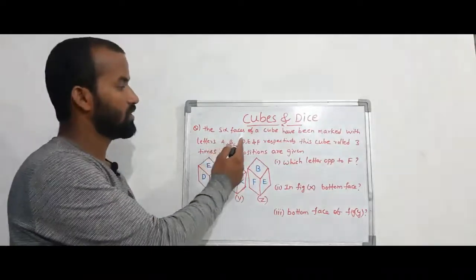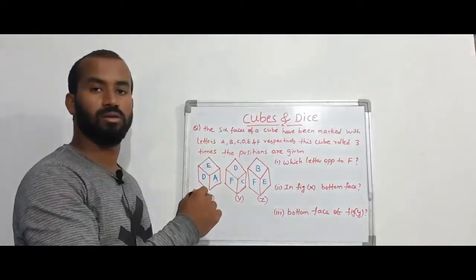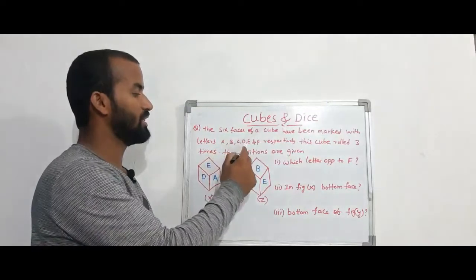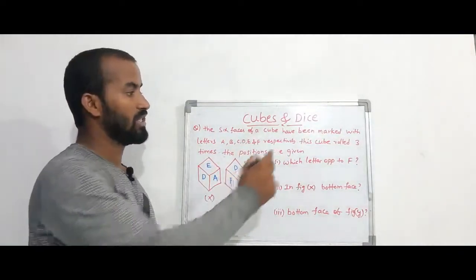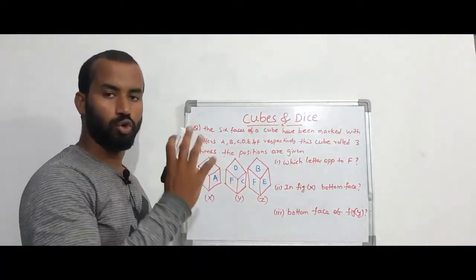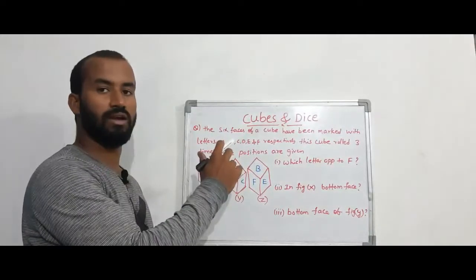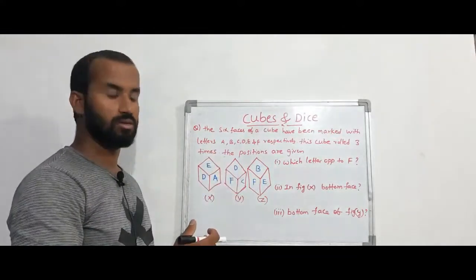See, the 6 faces of a cube have been marked with letters. 6 faces are marked with letters A, B, C, D, E and F respectively. This cube is rolled 3 times. One die is marked with letters A, B, C, D, E, F, and that cube is rolled 3 times.